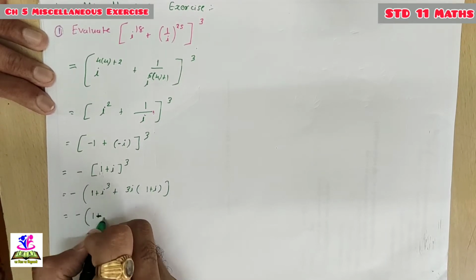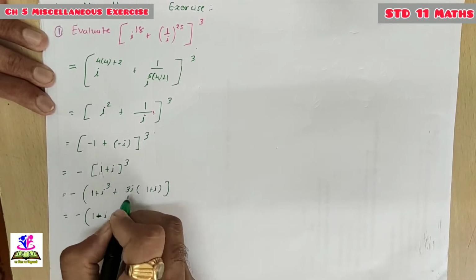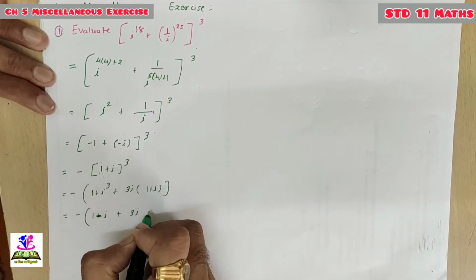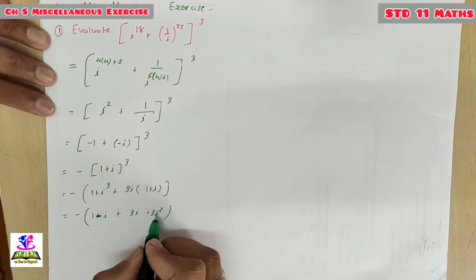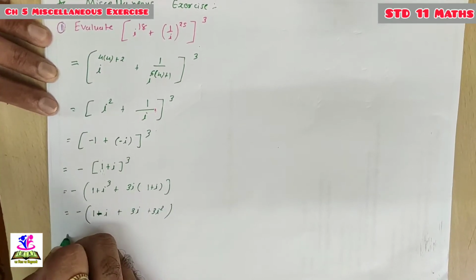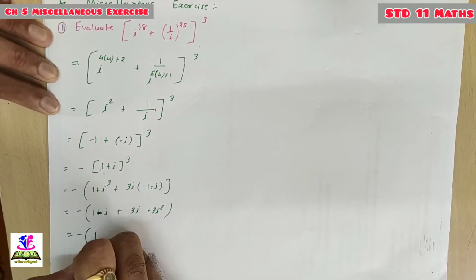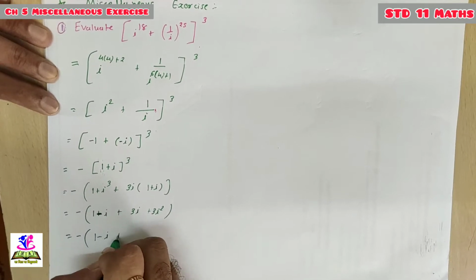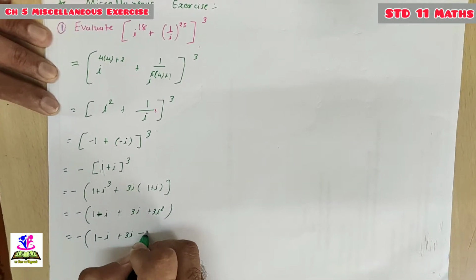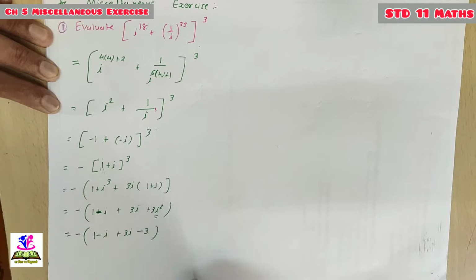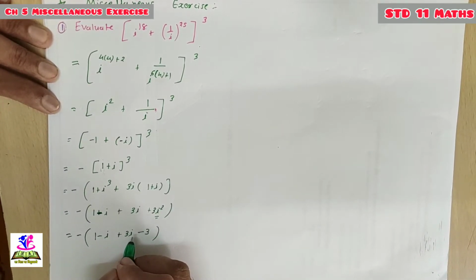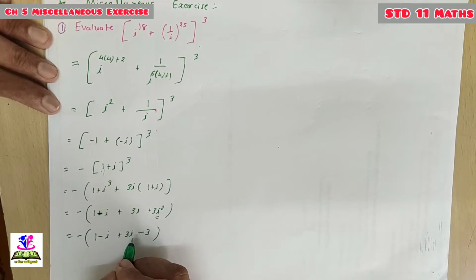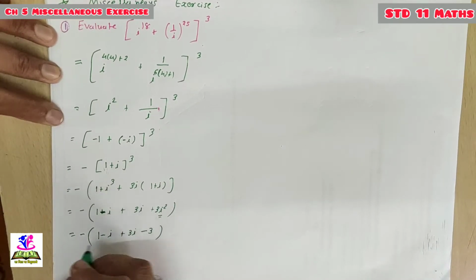So i cube is minus i, plus 3i plus 3i square. Again replace this i square with minus 1.] So we are getting minus [1 minus i plus 3i minus 3. i square equal to minus 1.] So this one is 1 minus 3, minus 2, and 3i minus i, 2i.